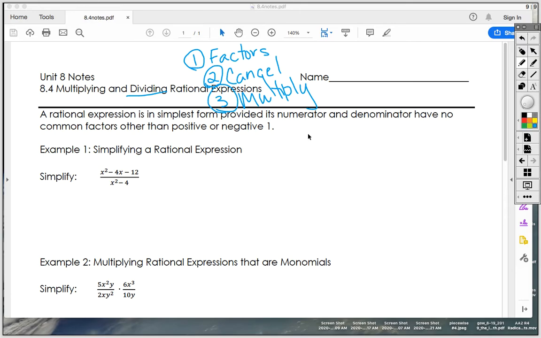So if I had 3 halves divided by 6/24. Okay. What am I going to do here?